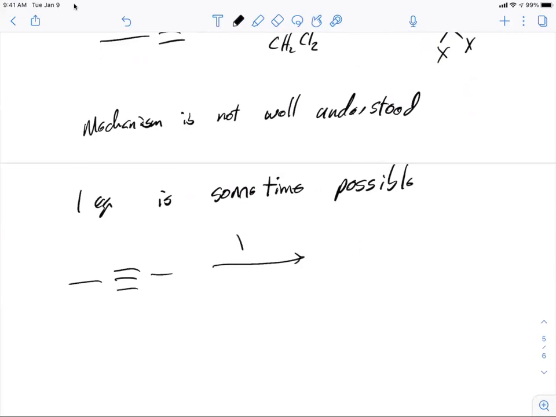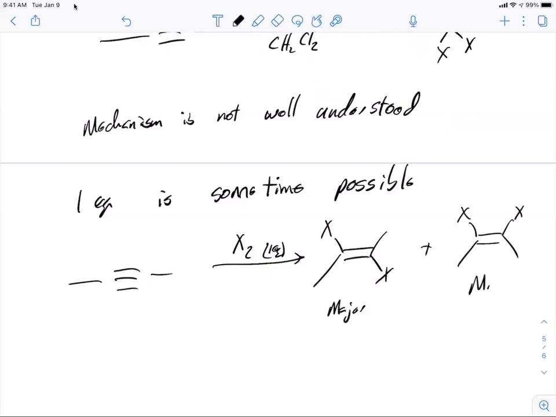But the interesting thing about where it will work is that, and again, this comes from not understanding the mechanism very well, we get the trans, which we would expect, the anti addition, but we also get the cis addition, which is somewhat unexpected. Okay, so you get both of these. This one is the major, and this one is the minor. So one equivalent is sometimes possible.